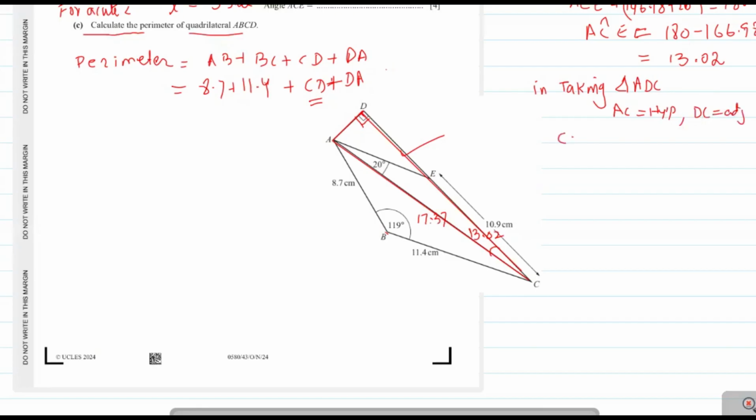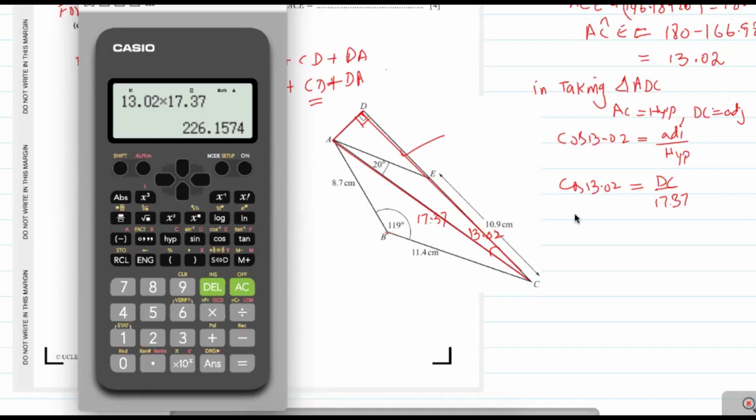Therefore, we write cos of 13.02 will be equal to adjacent over hypotenuse. The adjacent side is DC and the hypotenuse is 17.37, so DC equals cos 13.02 multiplied by 17.37.